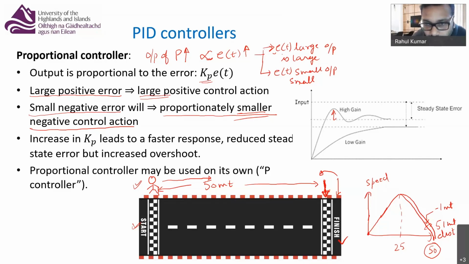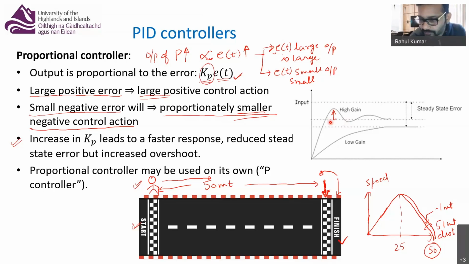Now, since the output is Kp multiplied by E of t, we have discussed the effect of this error, E of t. Now, if we increase the value of Kp, right, an increase in Kp would lead to a faster response, right? So if you increase the value of Kp, your output will rise very quickly. But there is a chance of overshoot, right?